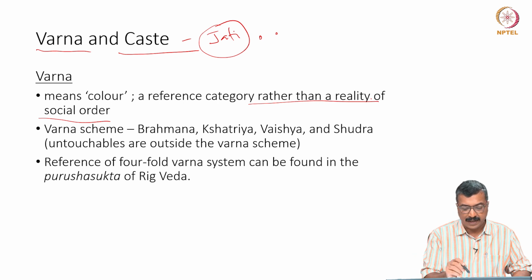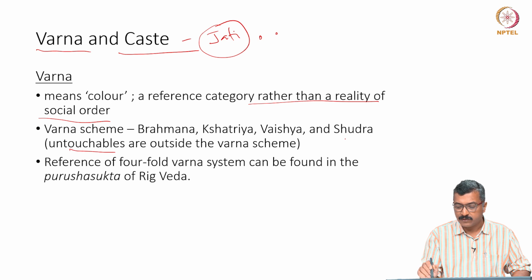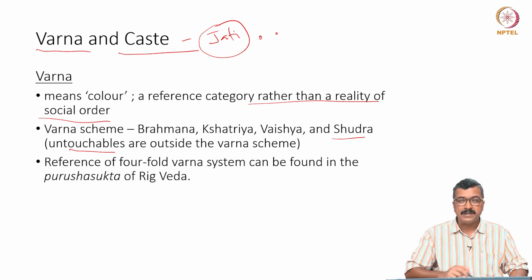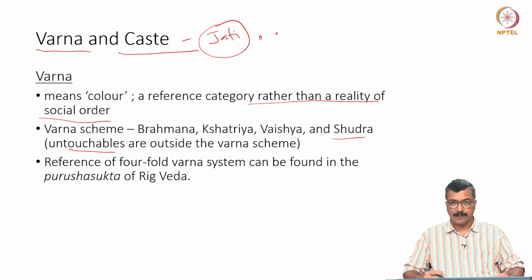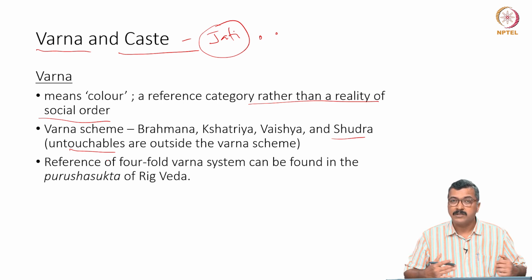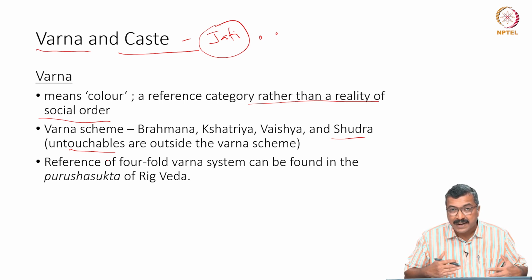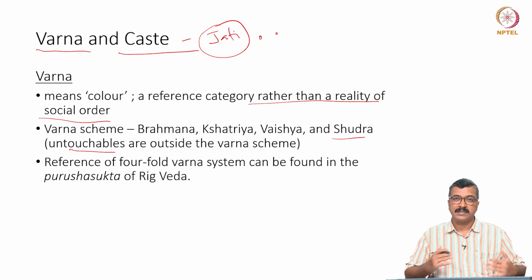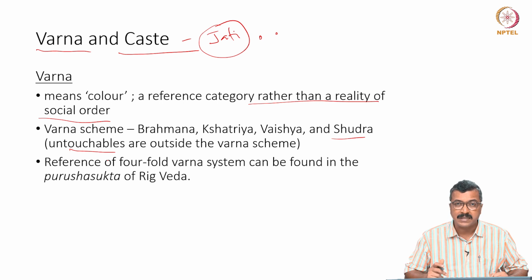Then the Varna scheme, that is Brahmana, Kshatriya, Vaishya, and Shudra, is the fourfold Varna scheme. And interestingly, the untouchables are outside of the Varna scheme. The Varna scheme does not formally even recognize the ex-untouchables, or the castes whom we consider today as scheduled castes and scheduled tribes.